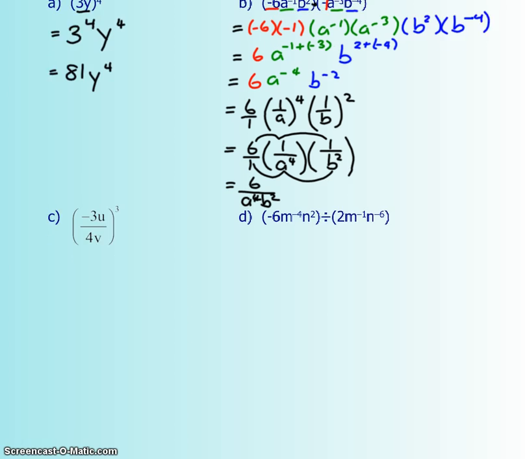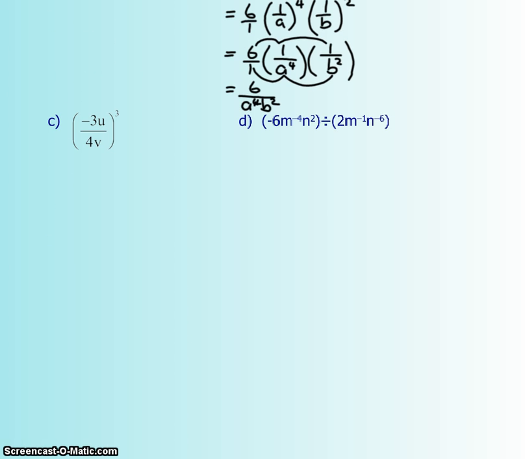All right, the last two. Notice that I always put an equal sign in front because we have the first step which equals the next step and so on. Okay, so we have this quotient and it's to the power of 3. So technically we have 3 affecting everything up here and then the 3 affecting everything down there.